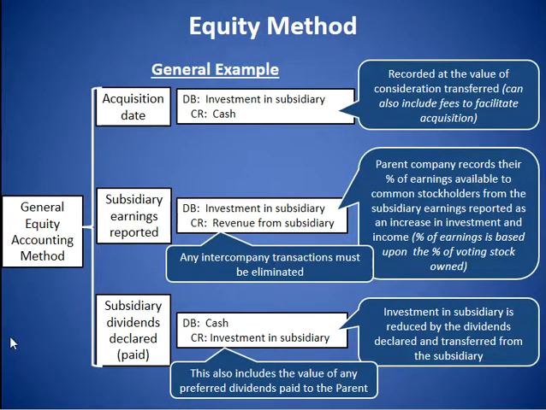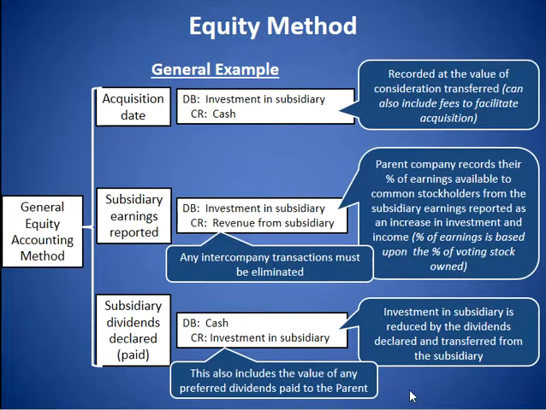When the subsidiary finally declares dividends, and those dividends are paid, the investment in the sub is reduced by the amount of the dividends declared, since those dividends have been transferred from the subsidiary. So we would debit cash and we would credit our investment in the subsidiary. And of course, this also includes the value of any preferred dividends paid to the parent company.